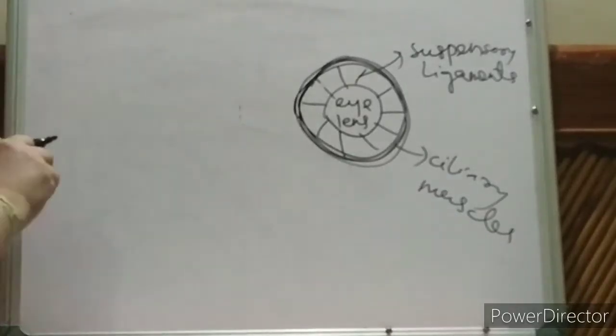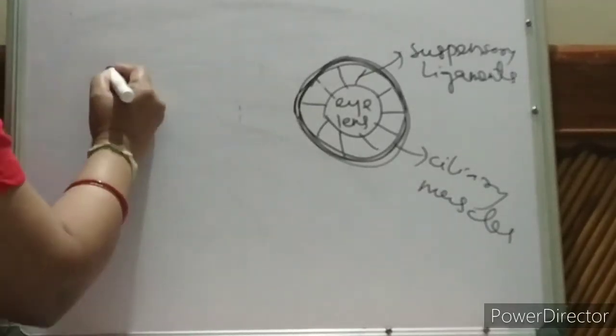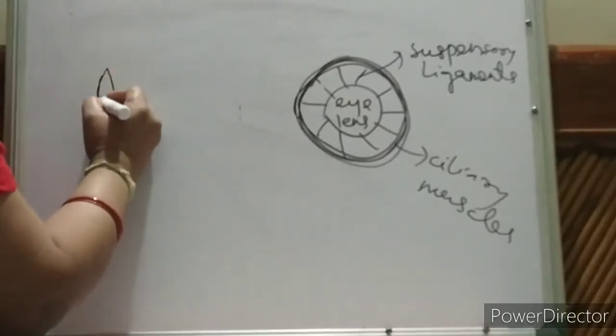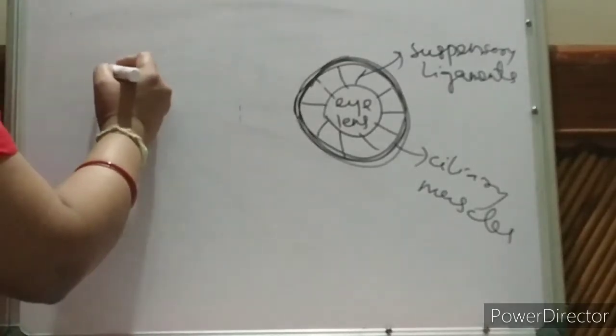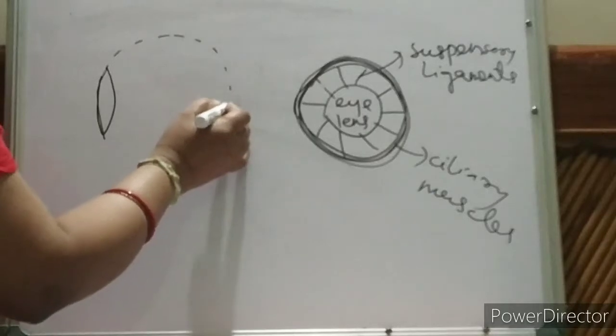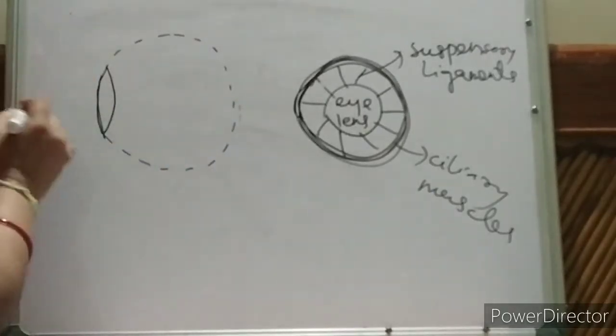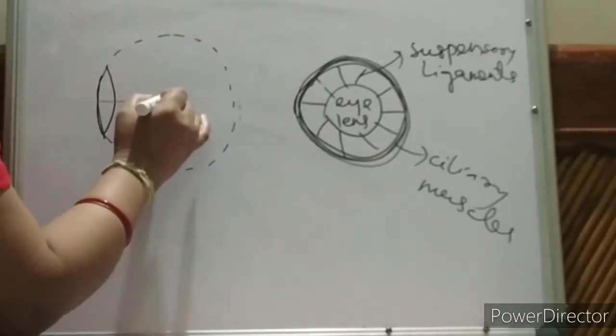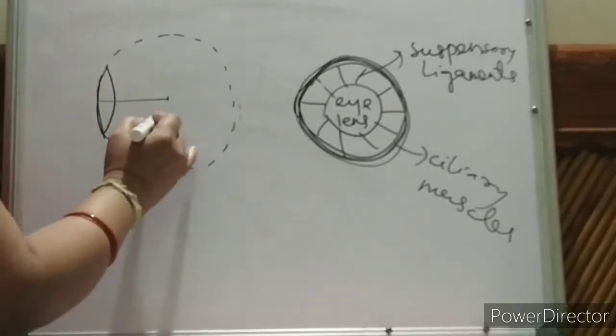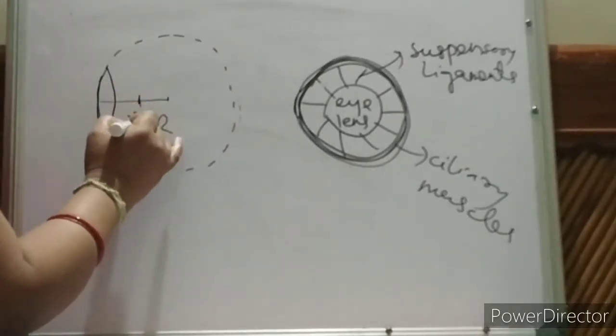See, this is your thin lens when it is relaxed. And we know this lens is part of a bigger circle. This is your radius of curvature, and this will be your focal length.